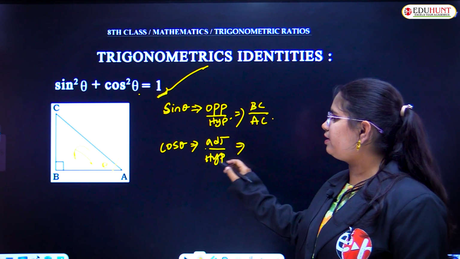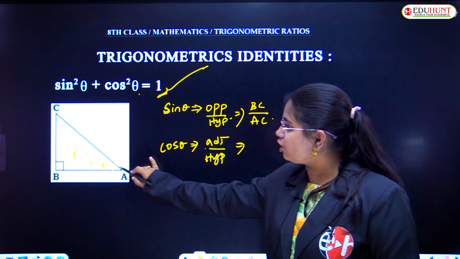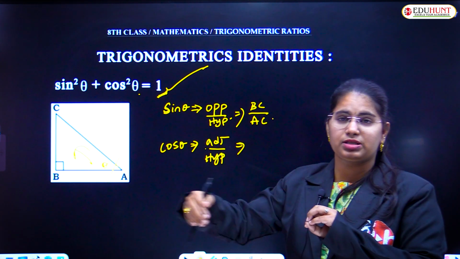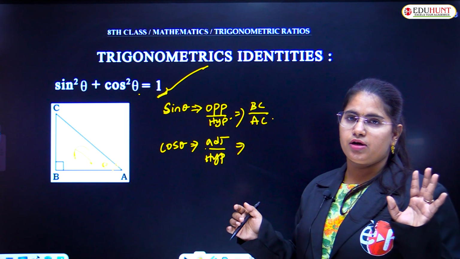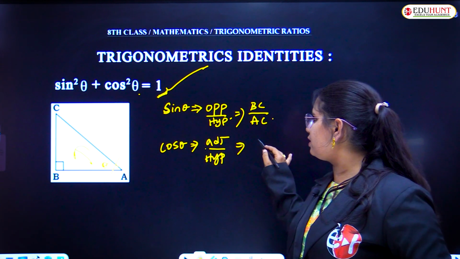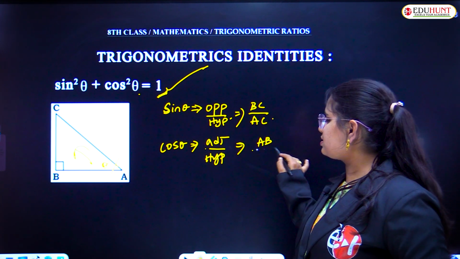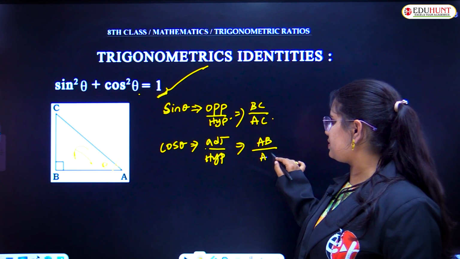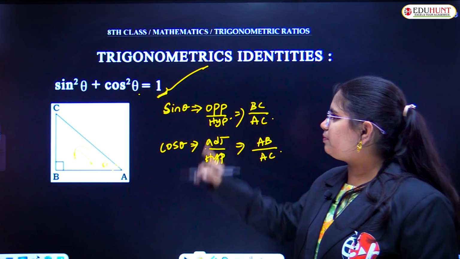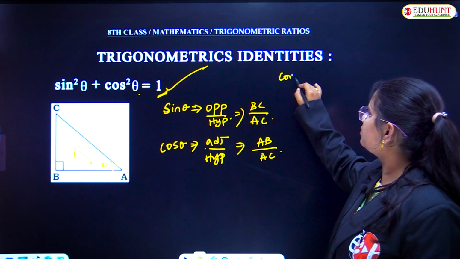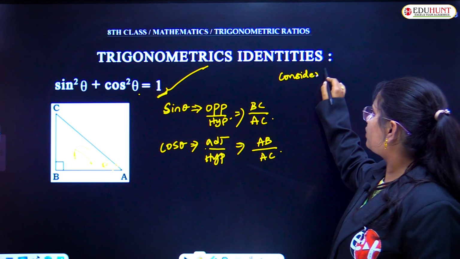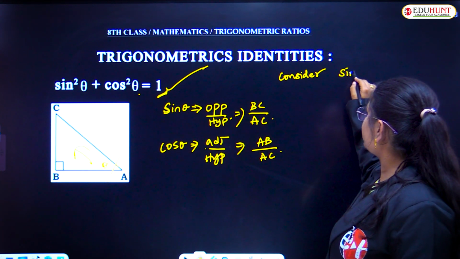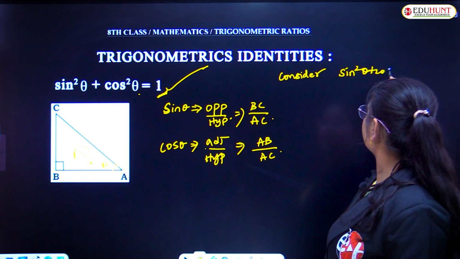What is the adjacent side to theta? You need to speak from the theta perspective. The adjacent side is AB. And what is the hypotenuse side? As usual AC.